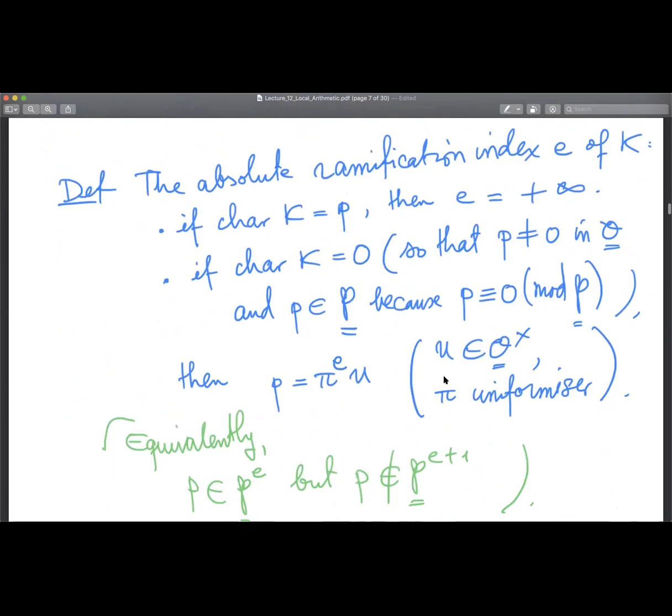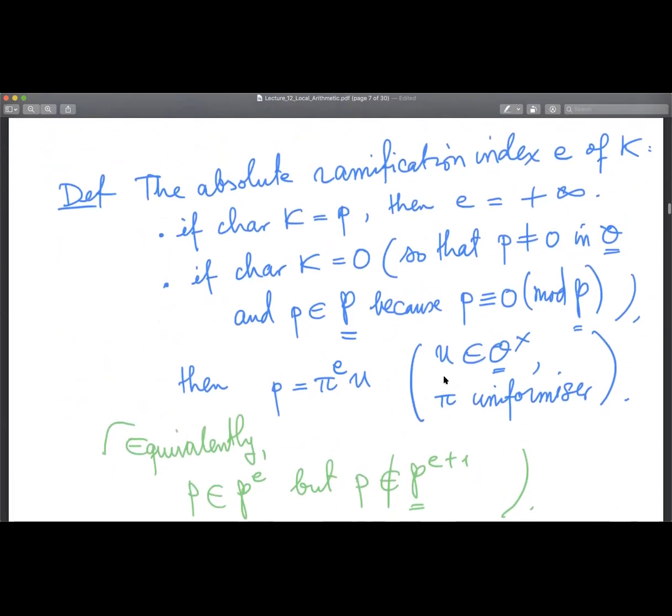Okay, so I come to this notion of the absolute ramification index of this K. K is a P-adic field. Now, if the characteristic of K is equal to P, then I just define the absolute ramification index to be plus infinity.